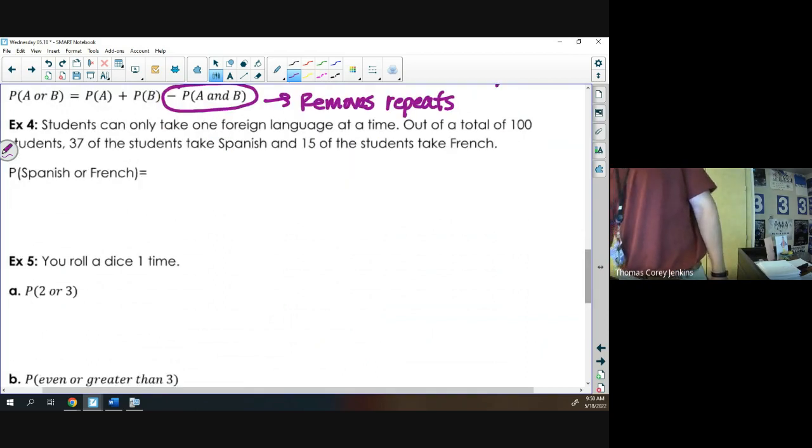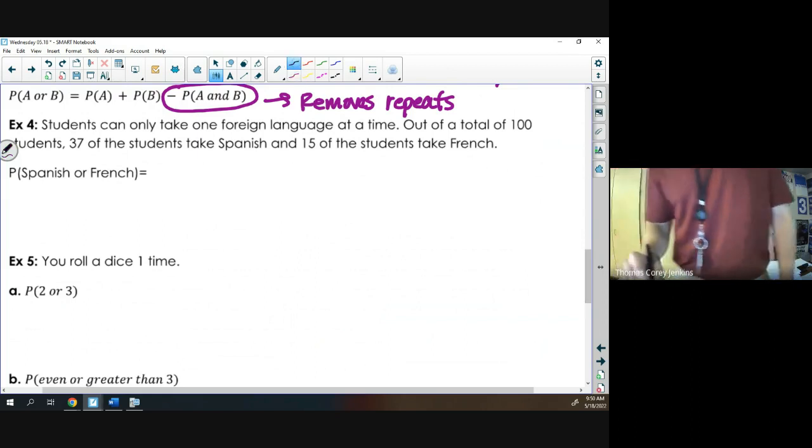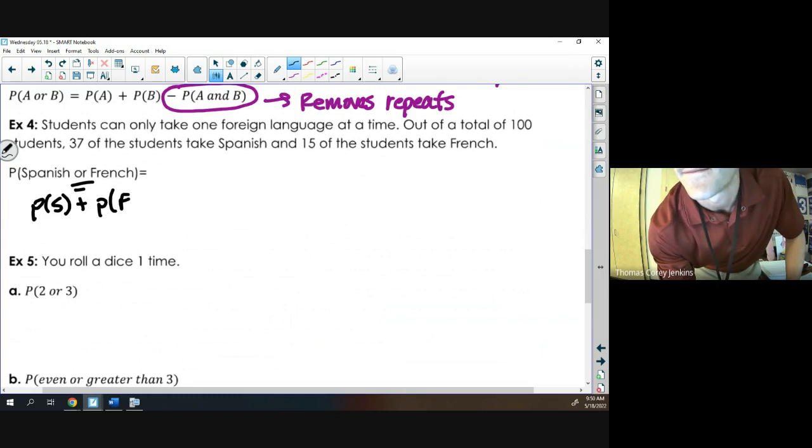All right, in example 4, students can only take 1 foreign language at a time. Out of a total of 100 students, 37 took Spanish, 15 took French. So what's the probability that a student takes Spanish or French? We do probability of Spanish plus probability of French.